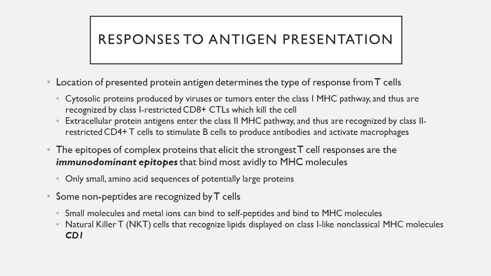So you can break up a protein into many short individual peptide sequences, but again, not coincidentally, the ones that bind most strongly to MHC molecules are the ones that are immunodominant and produce the strongest response in T cells.